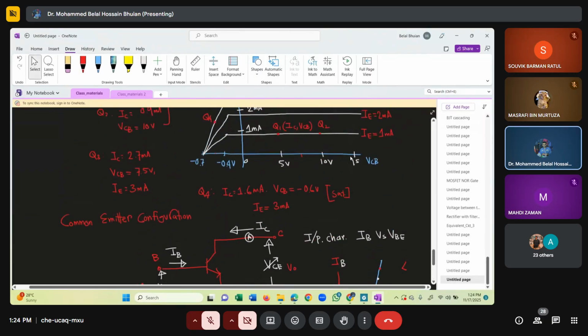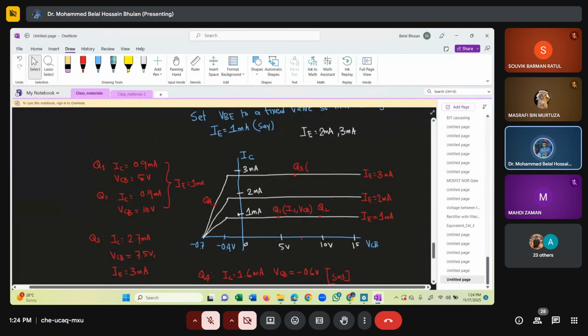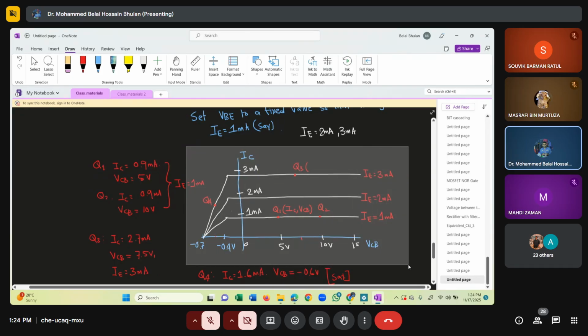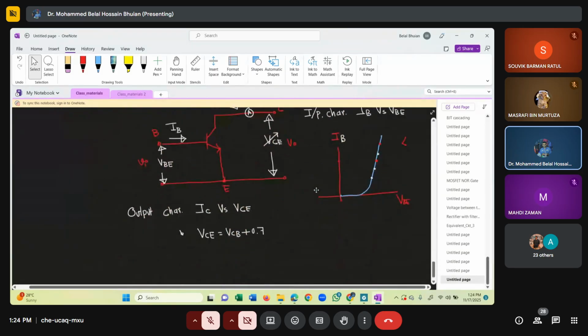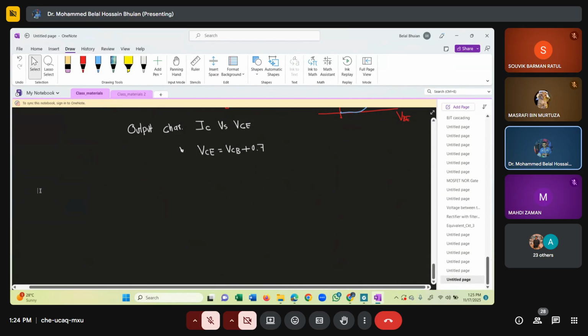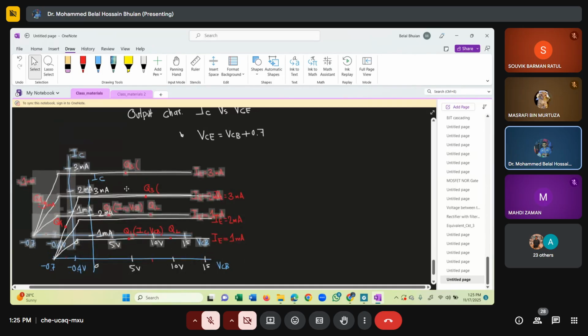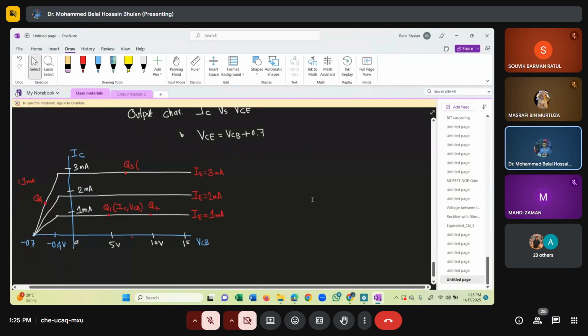So if you look at these IV characteristics, IC versus VCB and IC versus VCE, in the vertical axis the current remains fixed. The only thing that changes is the horizontal axis. So let's say I just copy this and paste it here.